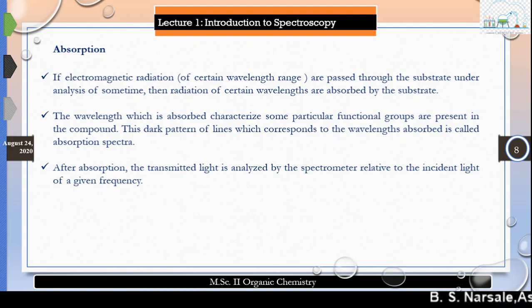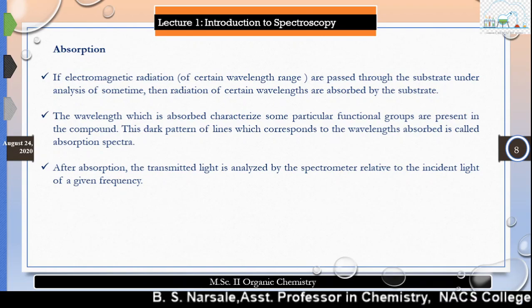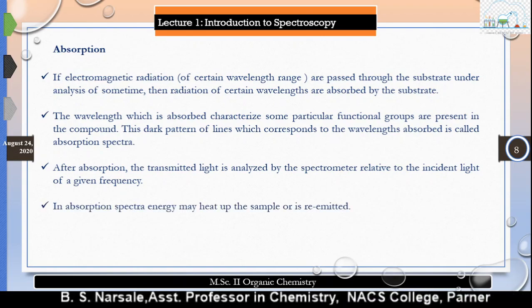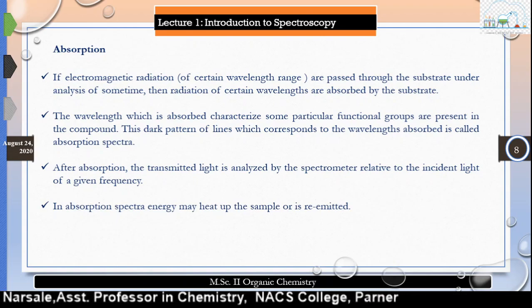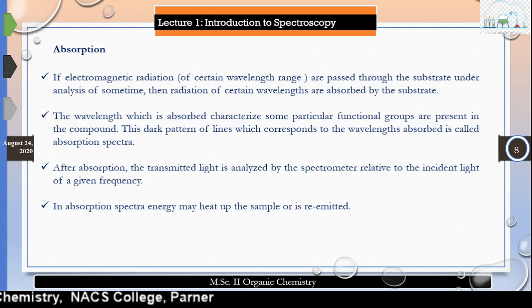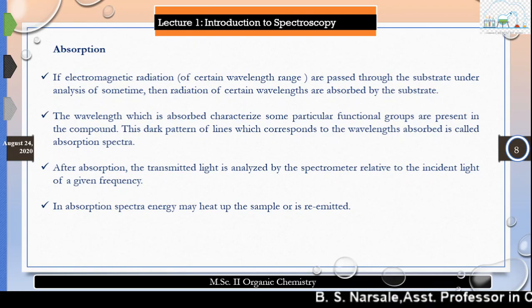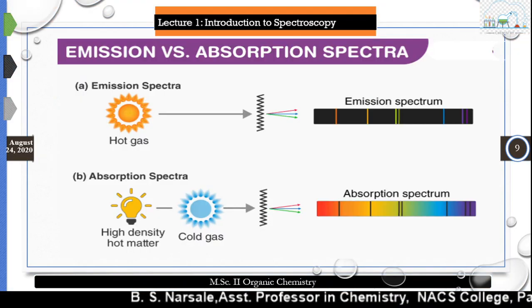That means the incident light frequency and the transmitted light frequency will be comparatively analyzed, and the absorption spectra energy will be obtained by heating the sample, or by looking at how much it is going to re-emit.